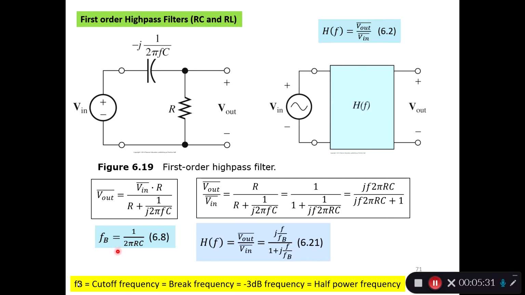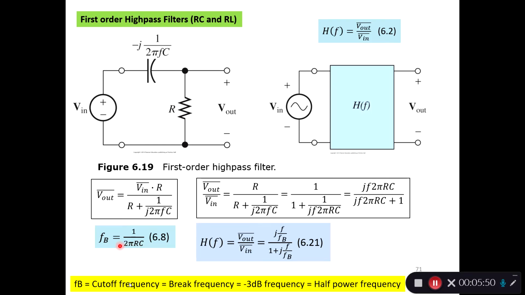Then we have the definition of the break frequency, and break frequency can also be called the cutoff frequency, the minus 3 dB frequency, the half power frequency. A dear child has many names.